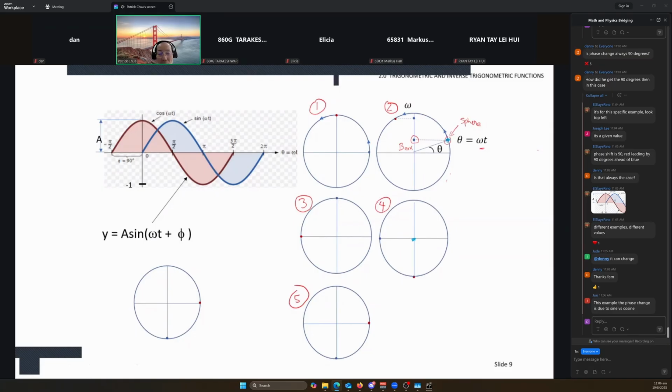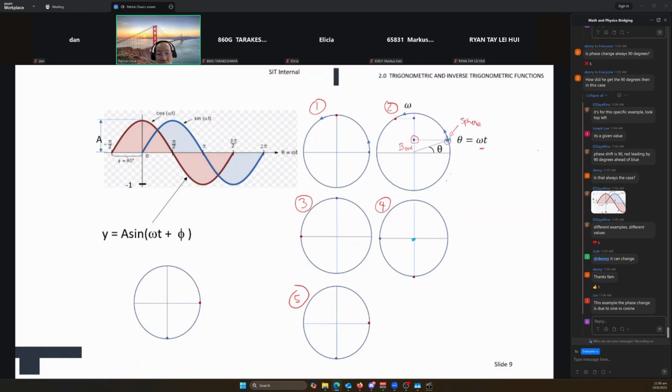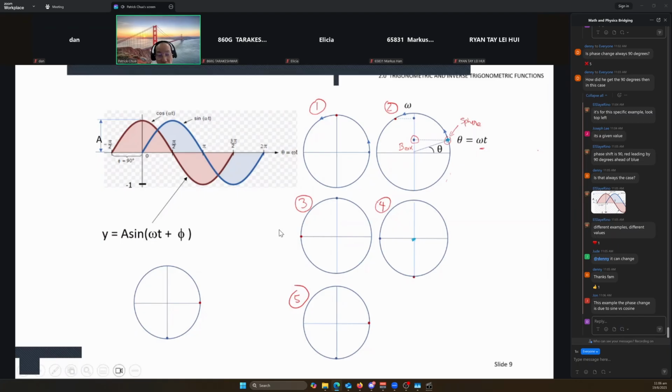Okay. Now, if you just assume that there's only one waveform, don't worry about the circle anymore. Look at the waveform. If there's only one waveform, the red color waveform, and then later on, through some process, the red waveform has moved, and is shown by the blue color.